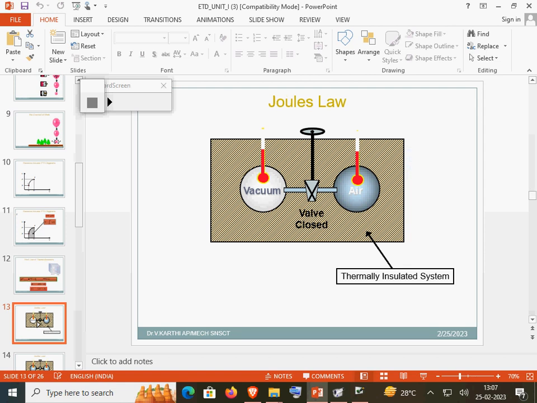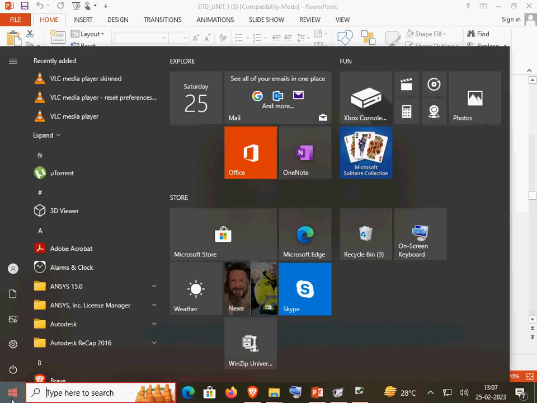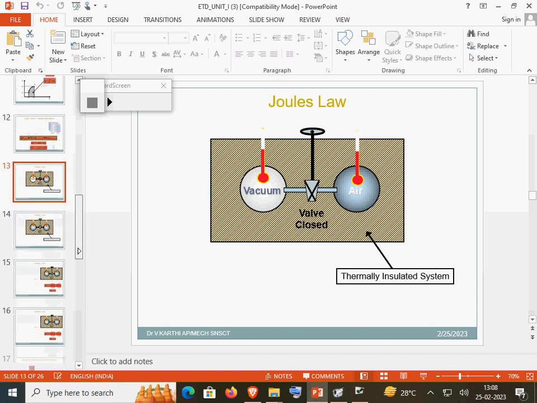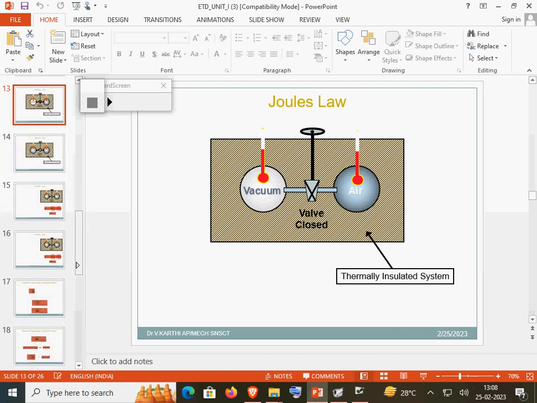Next one is Joule's law. Vacuum, valve closed conditions, fully thermally insulated system. Next, valve open conditions.